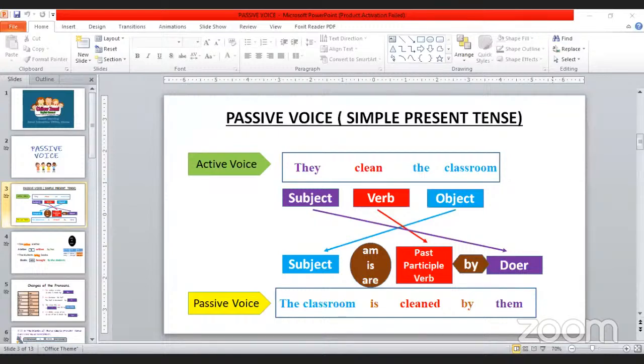Am, is, are, because this is a simple present tense sentence. Right. A letter is... it becomes written. Right, becomes written.